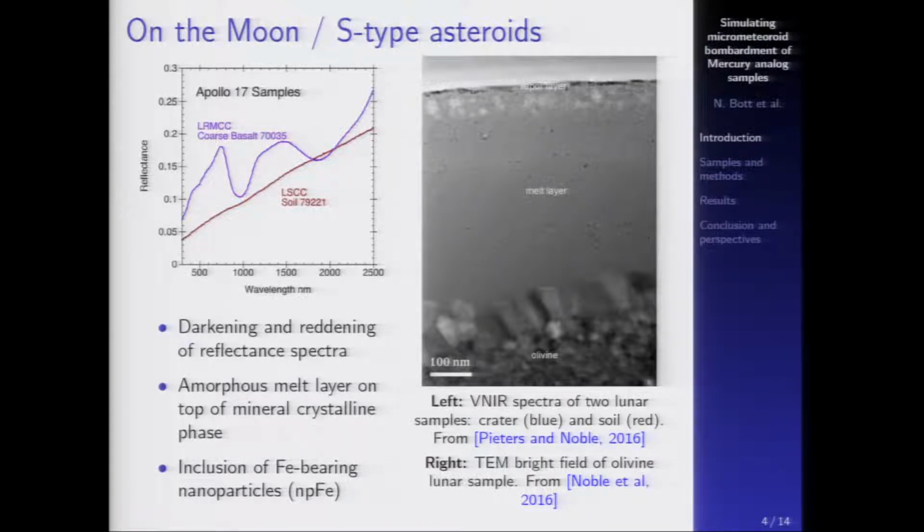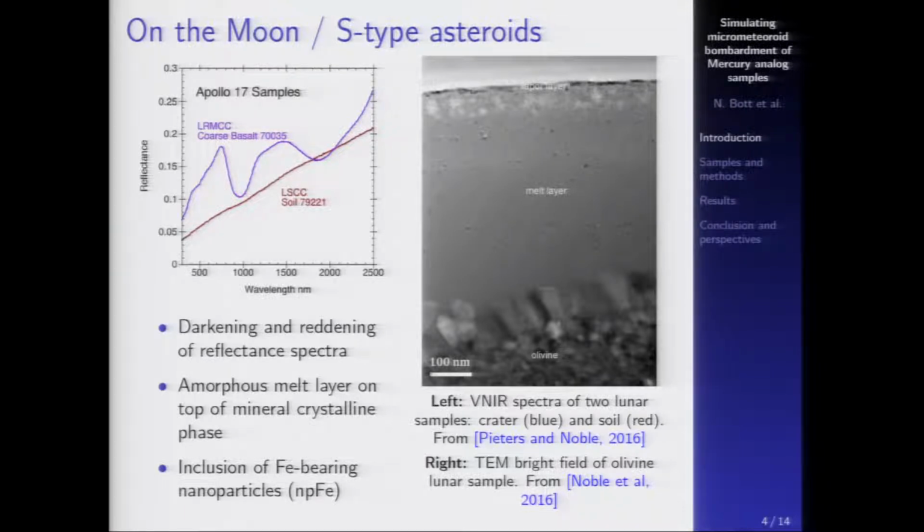We can also look at the microstructural effects of space weathering. For that, we can look at transmission electron microscopy. We can see a melt layer that is created on the top part of the crystalline phase of your mineral. Here, for example, it's an olivine.